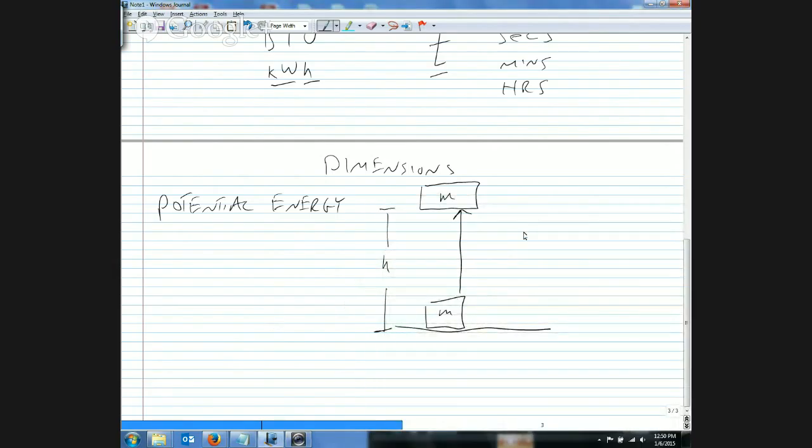Now, since I'm sitting here in a gravitational field, I'm moving it against this constant gravitational acceleration that we experience. So right here, you can see I have three variables. I've got m, I've got h, and I have g. And so that's one very simple way of looking at energy. So energy equals m, g, h.